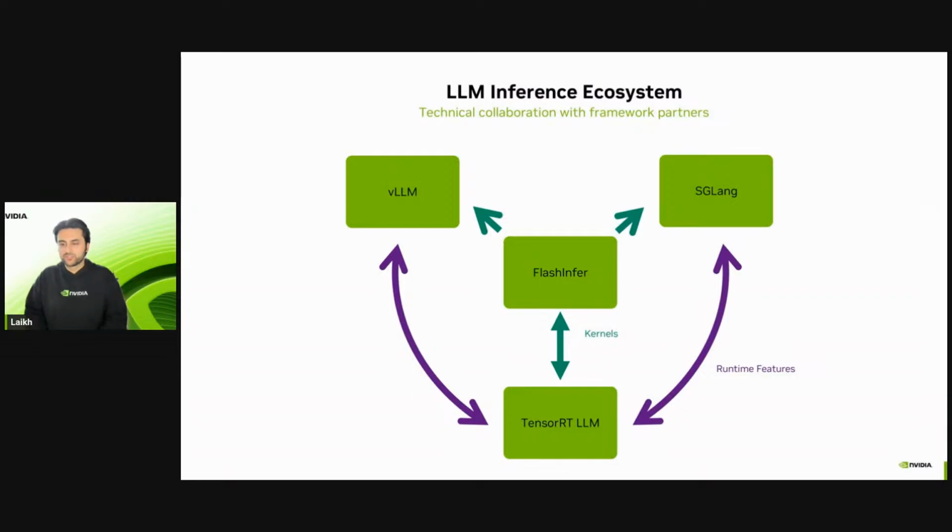FlashInfer is a great open source project that enables any kernel developer in the ecosystem to customize, modify, and contribute back advanced kernels for LLM inference. In fact, many kernels are often re-ingested back into TensorRT LLM from FlashInfer. So through these two key channels, we're able to not only push the frontier of inference performance forward on the NVIDIA platform, but distribute that technology and innovation out into the inference ecosystem to raise performance for everyone.